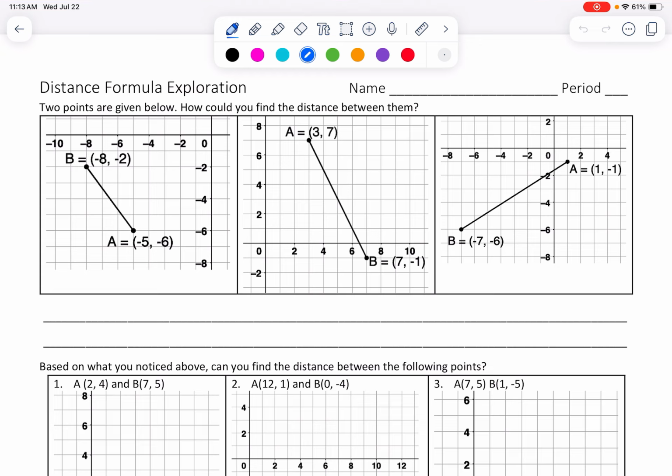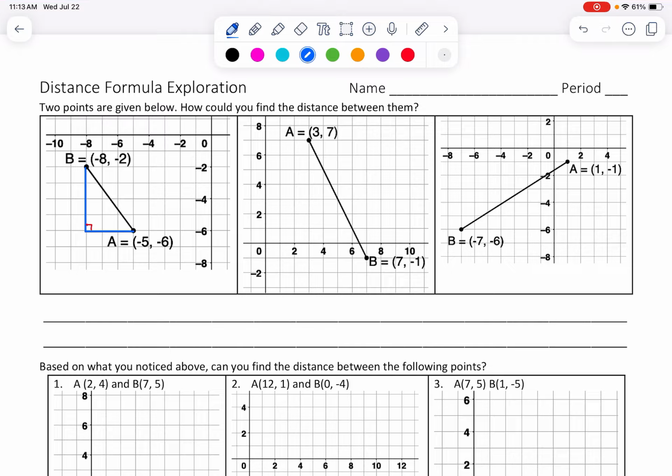But if we drop a line downward to make a vertical line and then one to make a horizontal line, then we can see that we've just made a special triangle. It's a right triangle. And we can see what the vertical and the horizontal movement was.